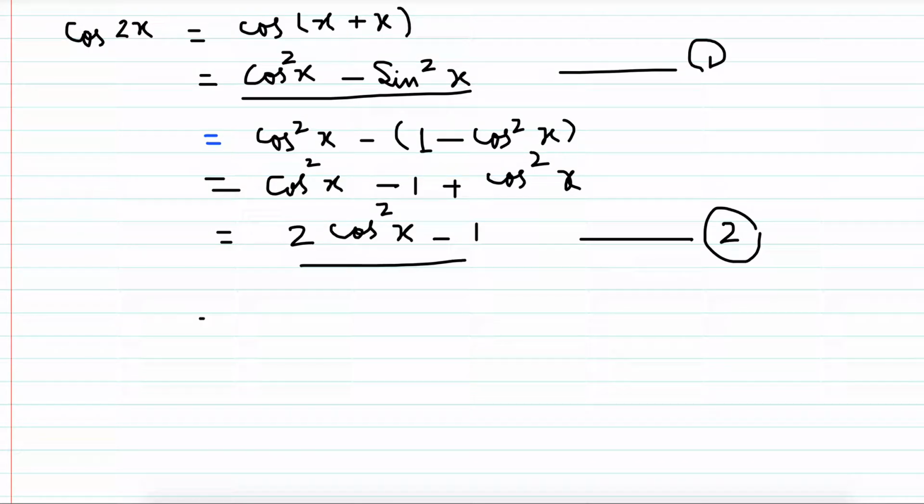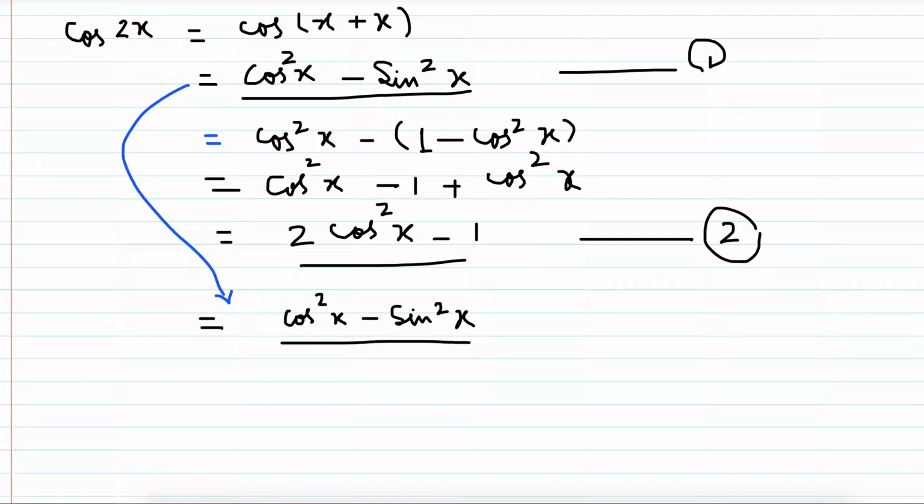Now the third formula was in terms of tan square x. So we can divide this term here by 1, and we have 1 as cos square x plus sin square x, which is equal to 1.